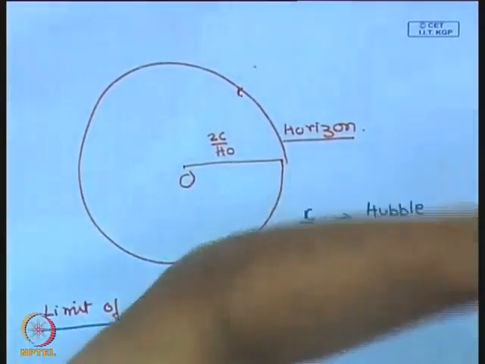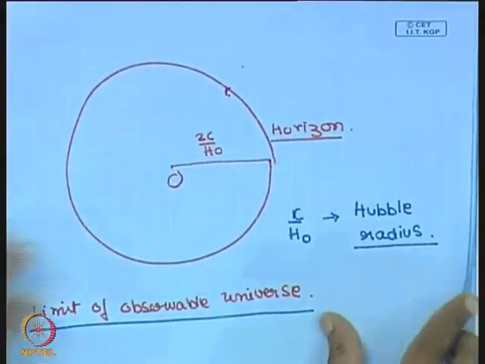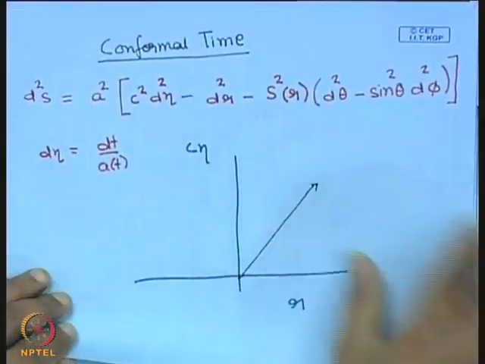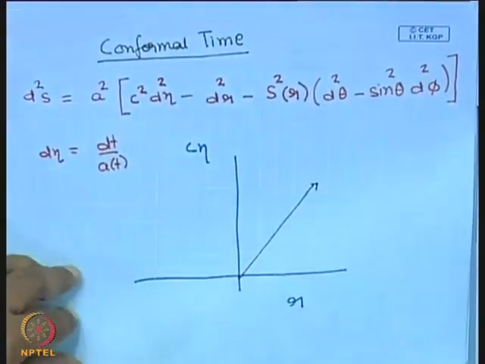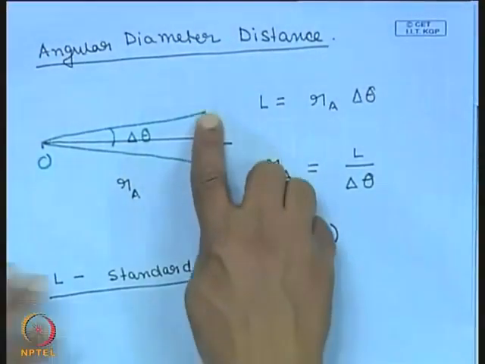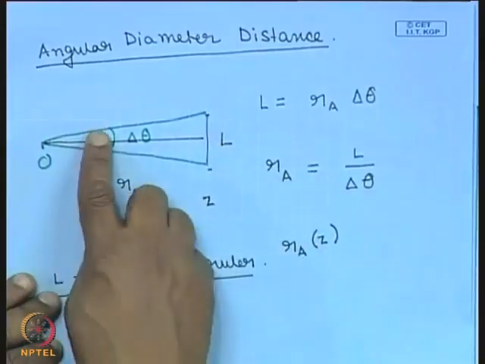So let me just take a minute, let me locate the, or I can draw the picture again. So there is an object here whose proper length is L, and it subtends an angle delta theta.